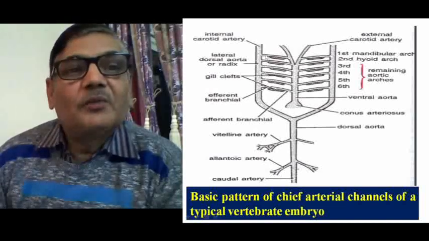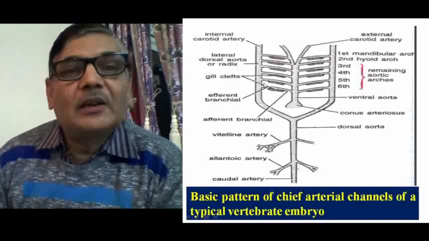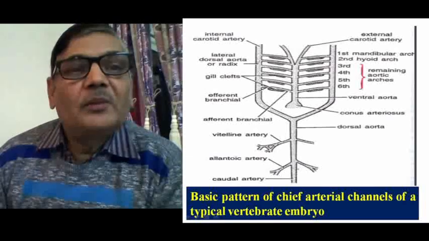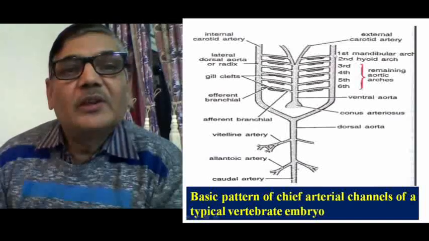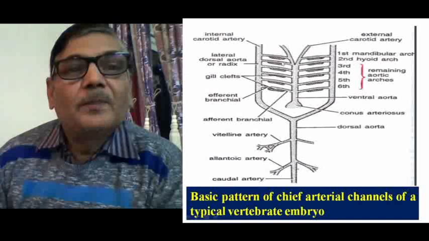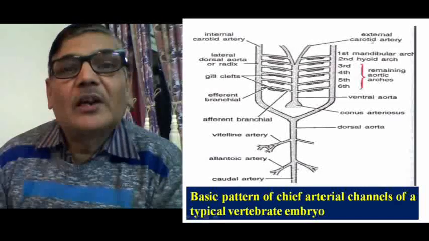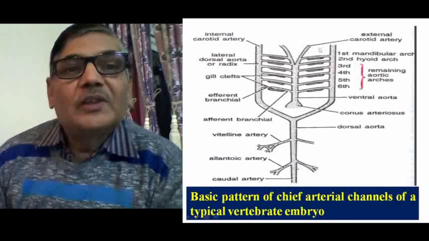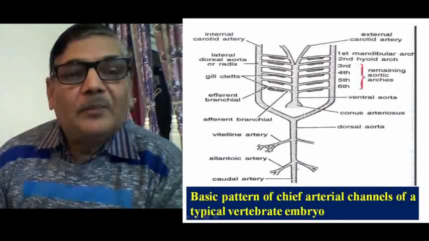And so there will be 6 pairs of efferent branchial arteries, and they will be pouring their blood into the lateral dorsal aorta. So this is the lateral dorsal aorta, this one is the lateral dorsal aorta, which continues anteriorly in the form of the internal carotid artery. And here this ventral aorta is continuing in the form of the external carotid artery. So this is the arrangement one can see in the embryonic stage.